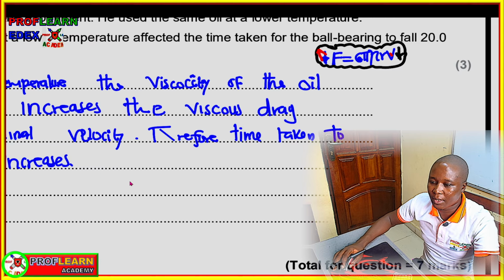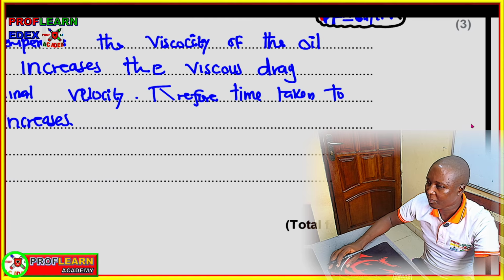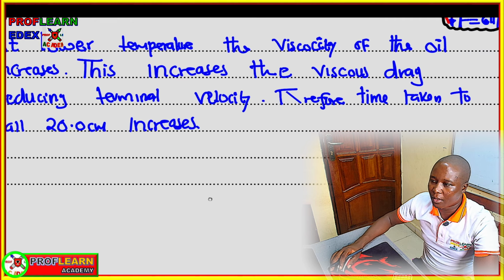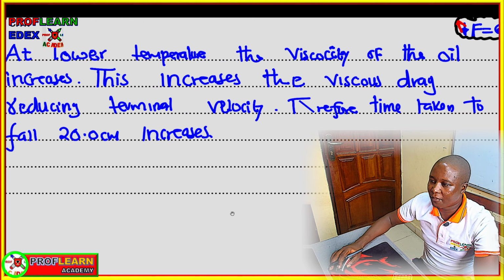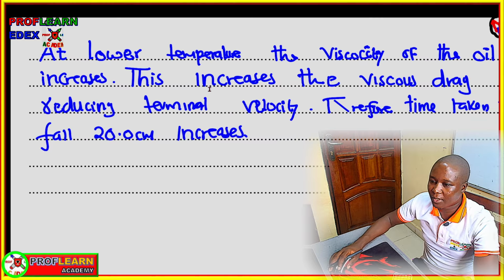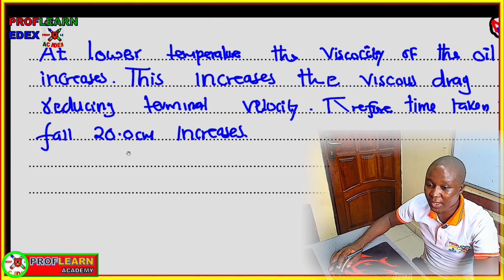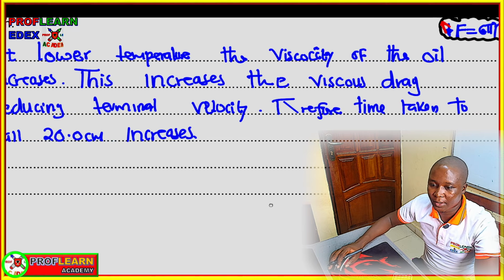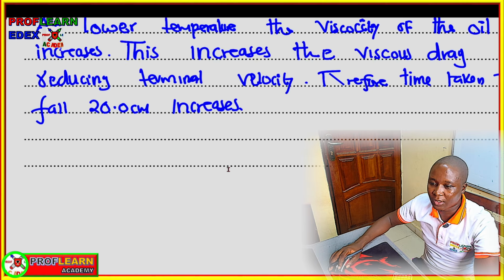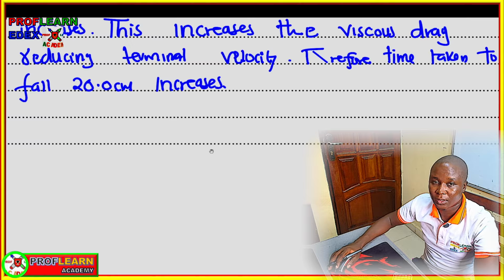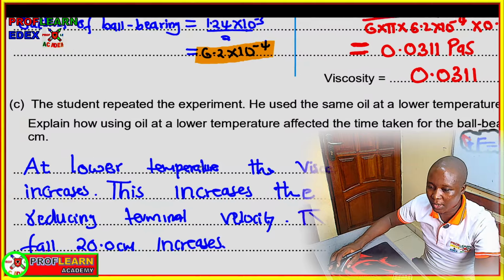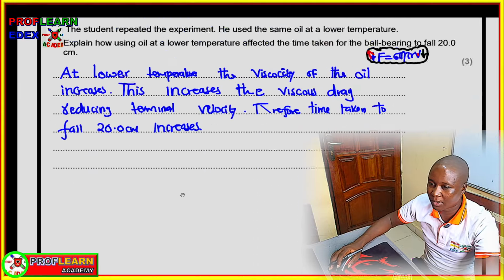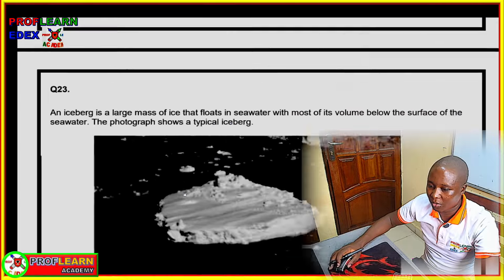Just move this now, which means that if viscous drag increases, it reduces terminal velocity, and therefore time taken to fall is going to increase. Yeah, so that's the logic behind this particular question. You can be able to check there.